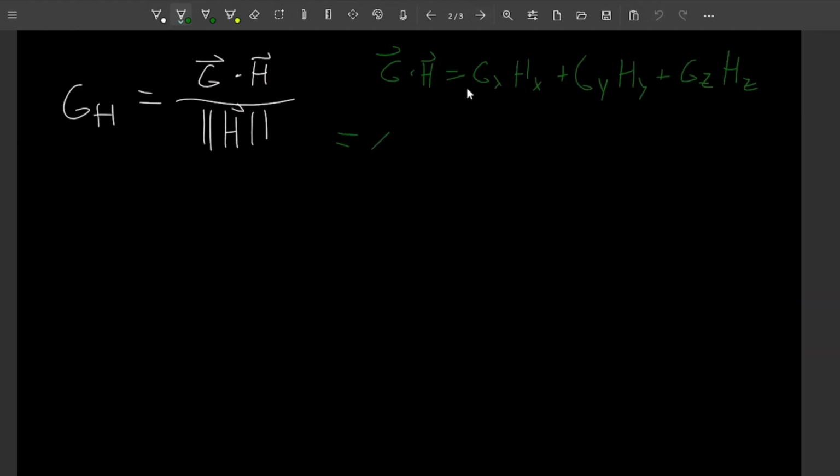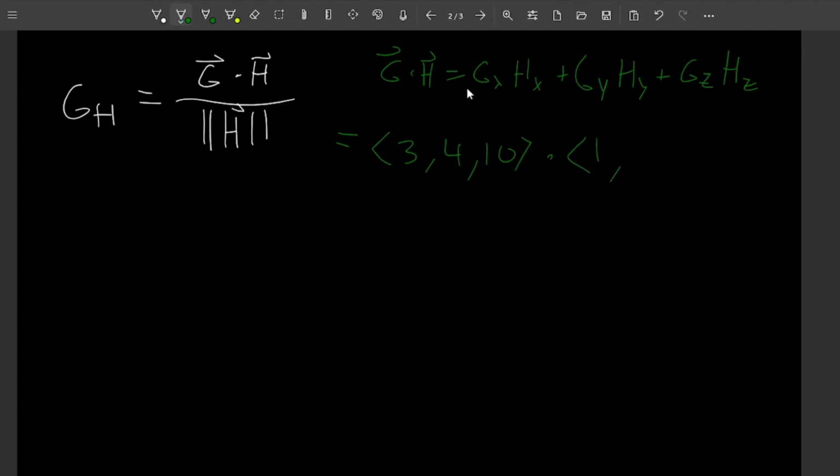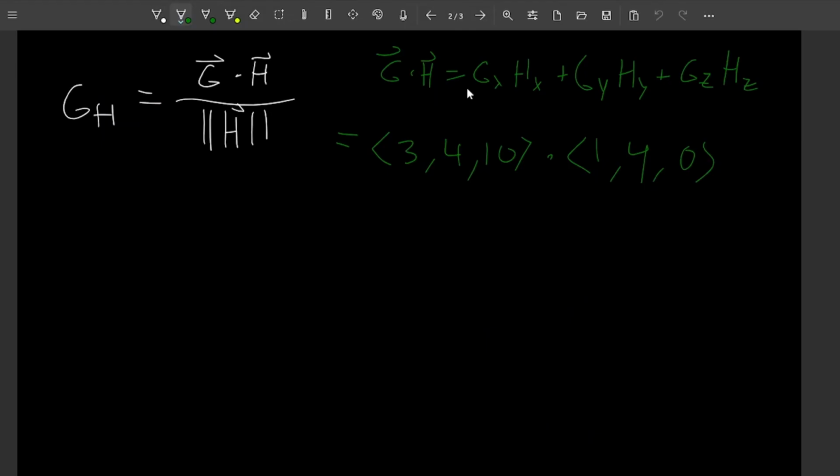We have g, which I'm just rewriting in a different form so it's easy to visualize, and h is going to be 1 I hat plus 4 j hat. So 1, 4. And now let's consider that there would be a 0 there as well. Even though it's not written here, we know that when we're multiplying these, we're going to need a 0, and a 0 is perfectly fine to put there because 0 times k hat is just going to be 0.